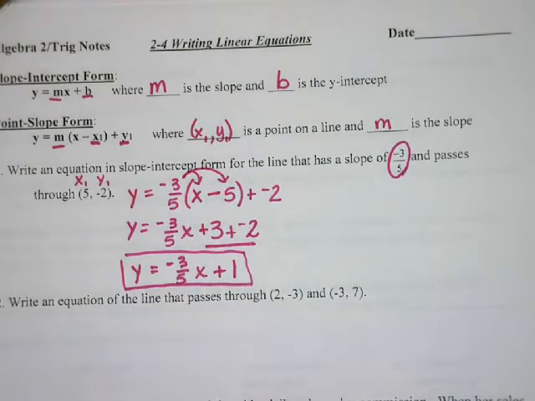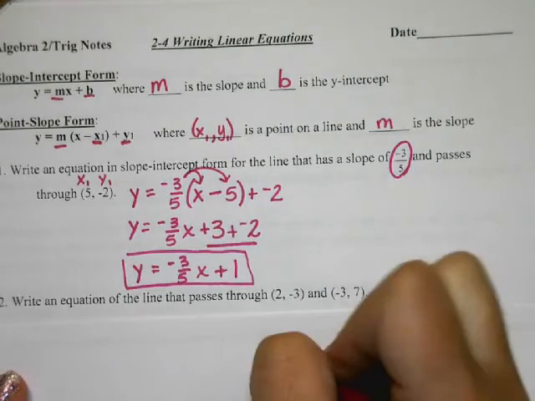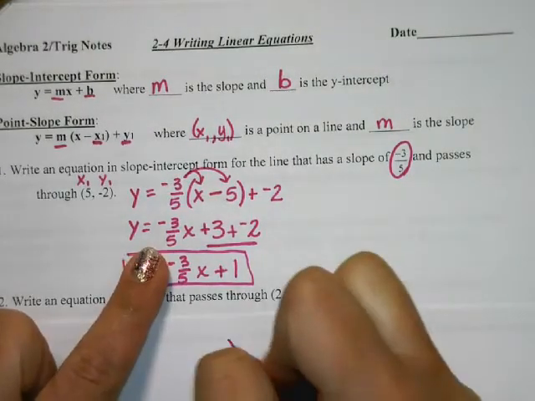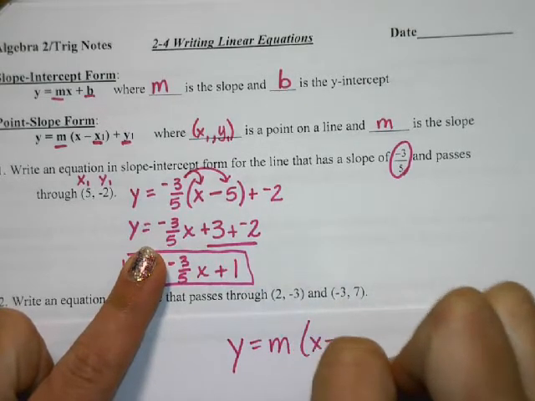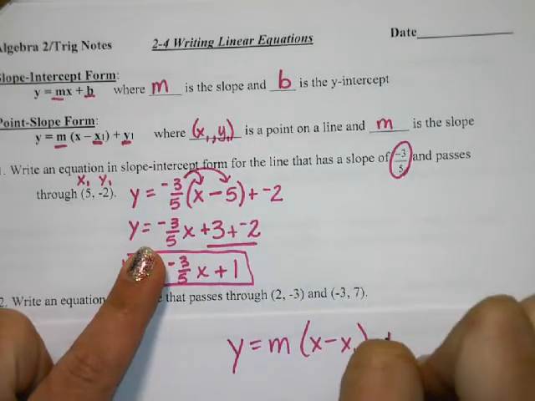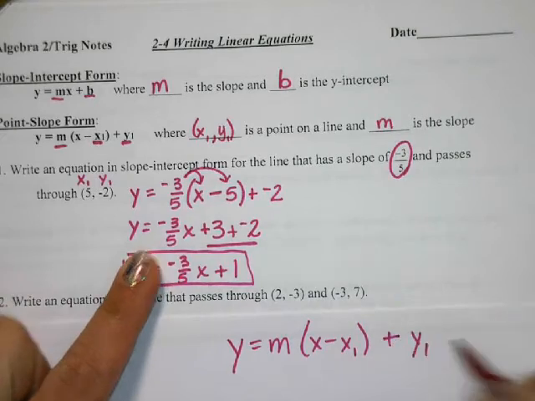The other thing that's nice about point-slope form is it gets us used to this. So here's what we have, y equals m times (x minus x1) plus y1. This guy's a line.